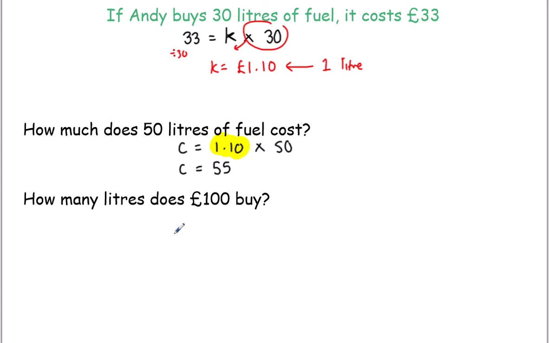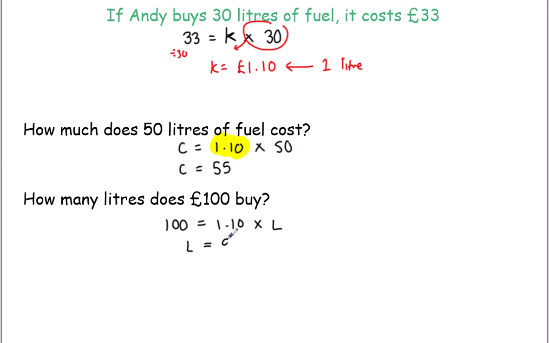How many litres does £100 buy? Okay, well this time, C is 100, is £1.10 times K. Sorry, not times K, times L. Number of litres is what we're working out, isn't it? So L. So 100 divided by £1.10, this isn't going to come out very nice. 100 divided by £1.10, I'm tapping it in live, is 90.91.